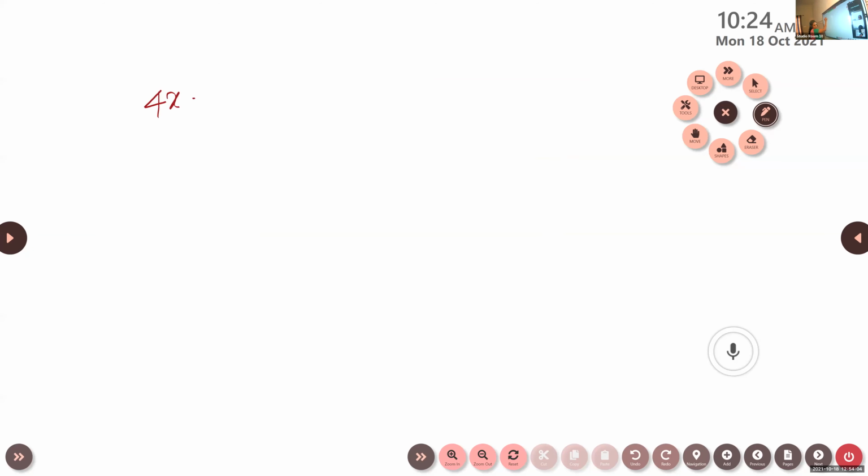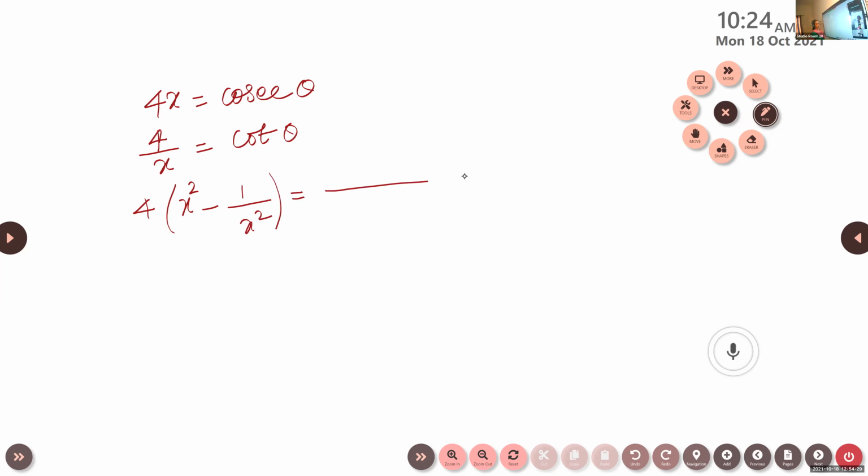4x is equal to cosec theta. 4 by x is equal to cot theta. Find 4 into x square minus 1 by x square equal to dash.